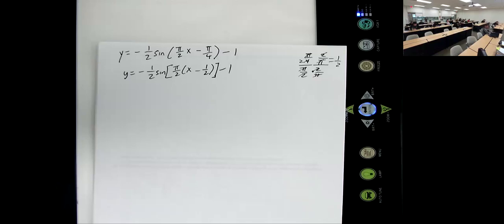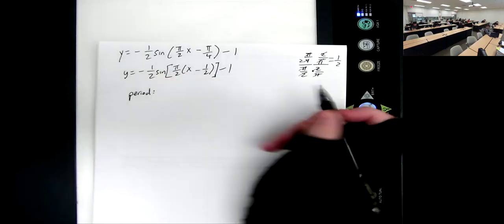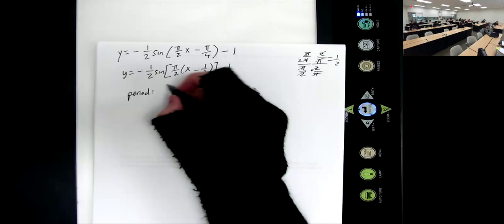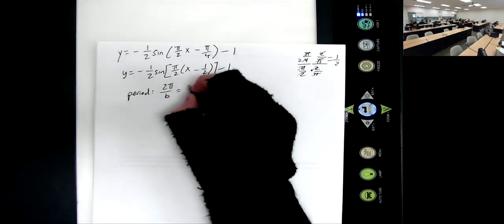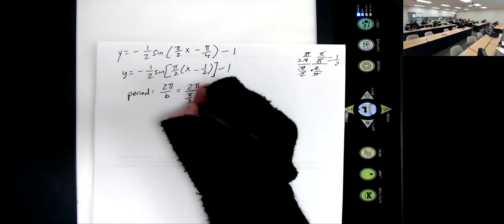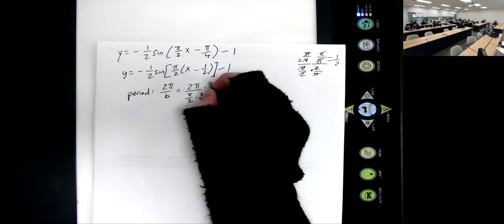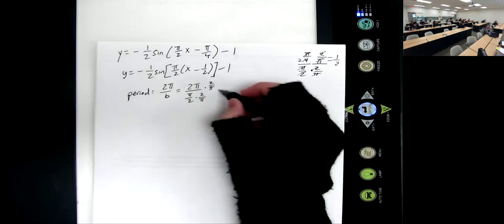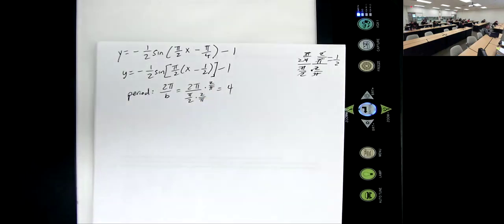Is that gonna suck? I don't know. What's the period look like? Two pi over b is 2 pi/(pi/2), we're doing that same thing. It's like 4. So 1/2 isn't too bad.